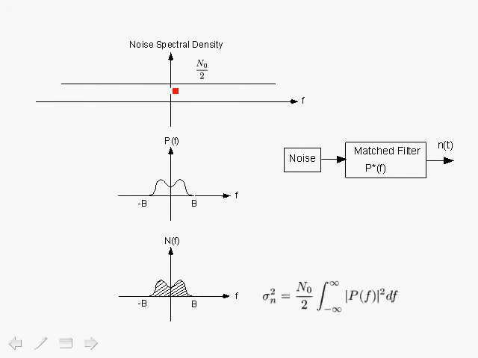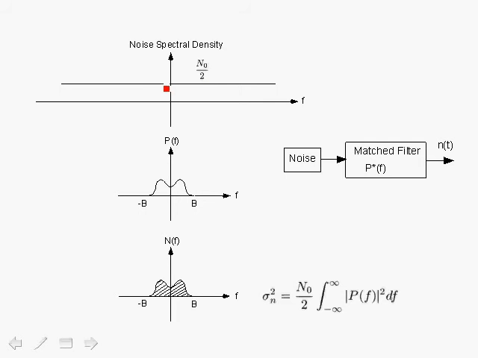Additive white Gaussian noise, in our case, is white noise, and it has a one-sided power spectral density equal to N0. And here we're showing the two-sided power spectral density, and therefore it is equal to N0 over 2.